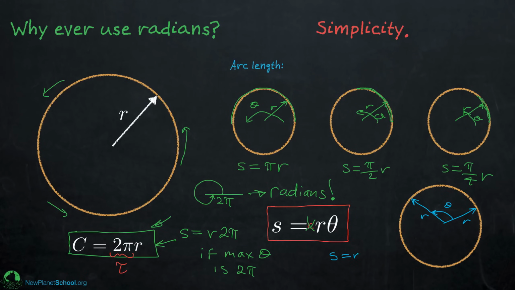So let's write that down. S equals R theta. This is in radians. That's why it's so simple. And if I want to know how big that arc length is if theta is 1 radian, that equals R. Therefore, if this is 1 radian, this arc length right here is also R. So that gives you a very intuitive sense for what the size of a radian is.